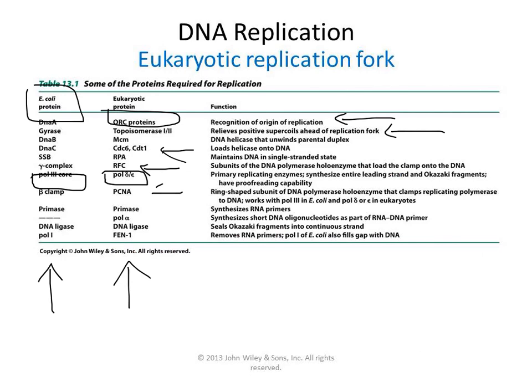There's also an equivalent clamp in eukaryotes, which is called PCNA. A primase, which is an RNA polymerase, was discovered in both, etc. So essentially, we have very similar proteins that work in similar fashions. However, you're going to see that eukaryotes have a bit of an increase in their level of complexity when it comes to DNA replication.